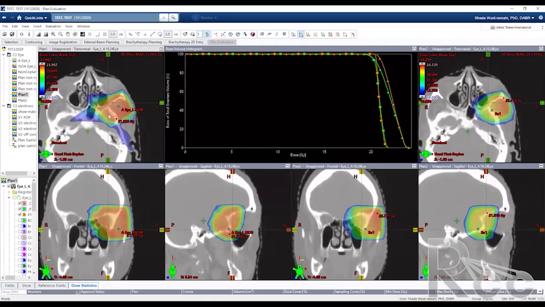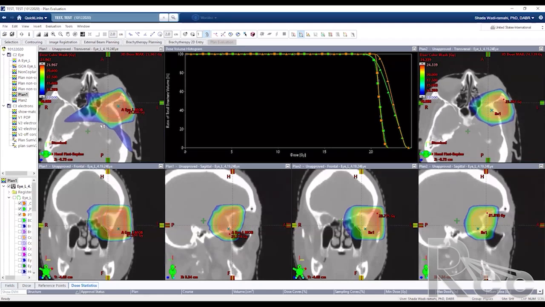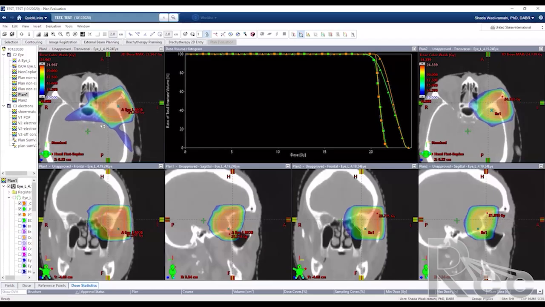Now, going into maybe the optic nerve, the chiasm, the other organs at risk that you care about, you could see how plan 2 definitely has the advantage. And that's what I didn't proceed to show, because it is important to understand, even from the prescription point of view, the DVH will not give you everything.